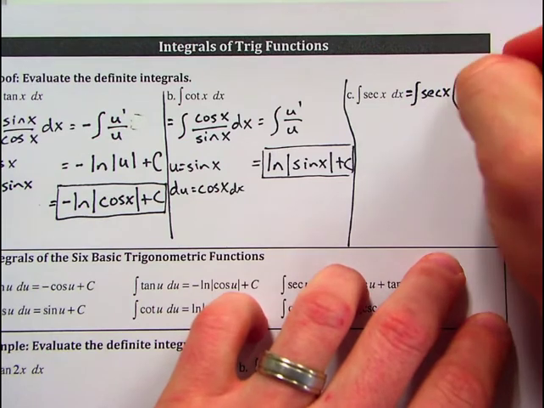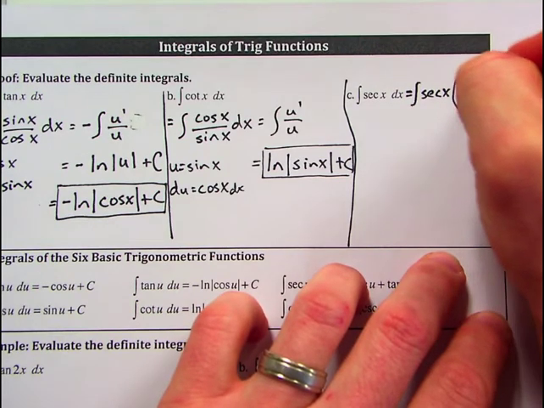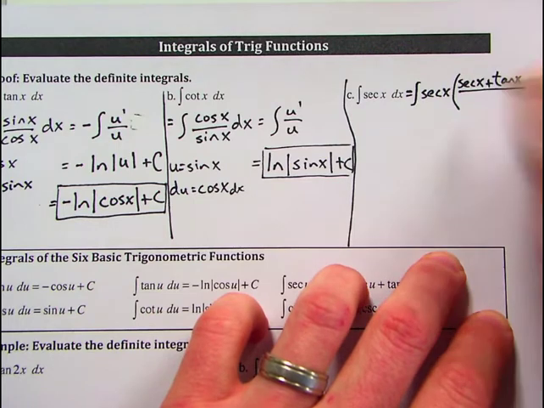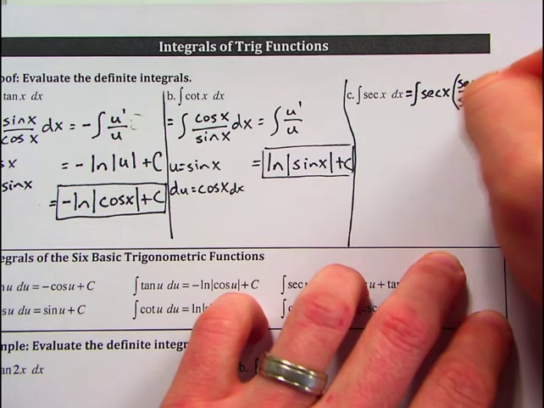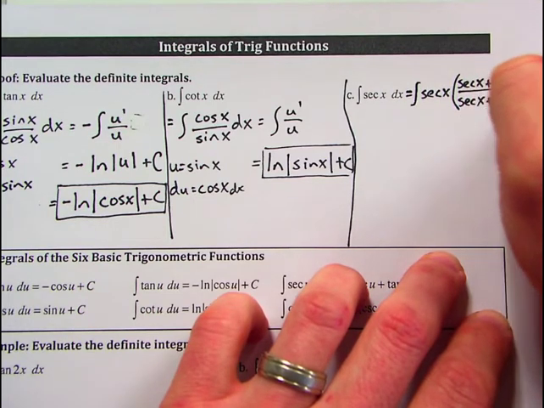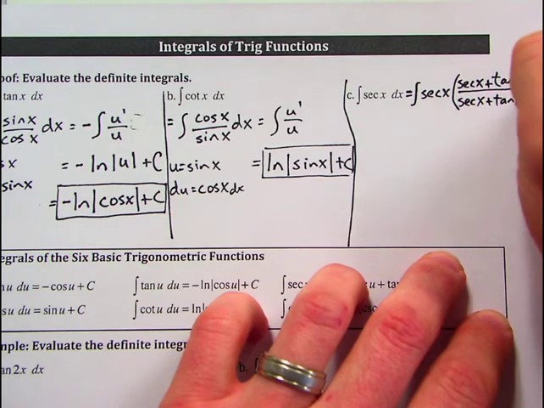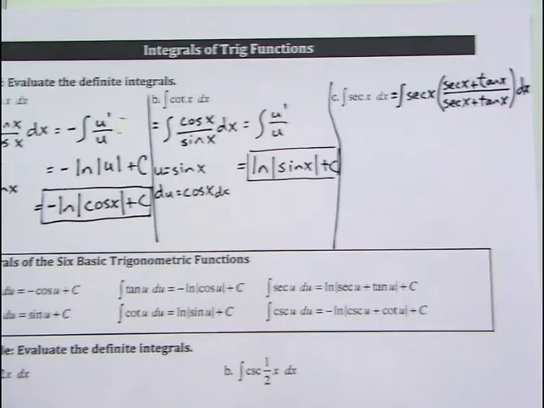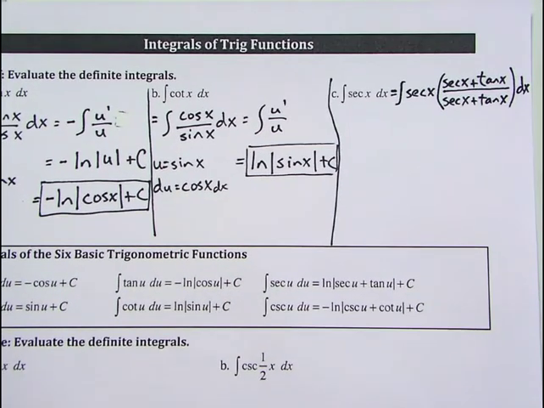We're going to multiply by secant x plus tan x over secant x plus tan x. The point will become clear. It makes it more complicated.